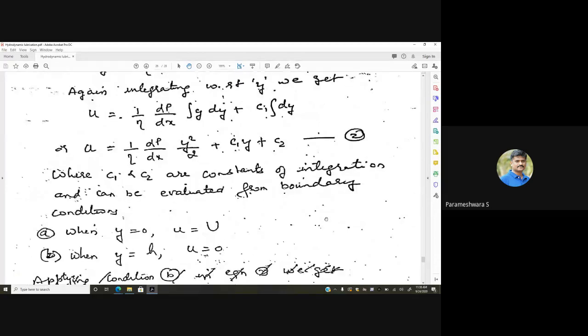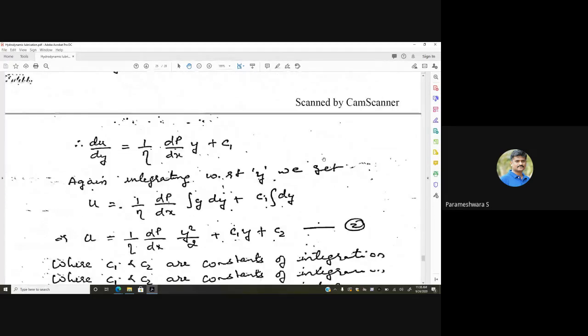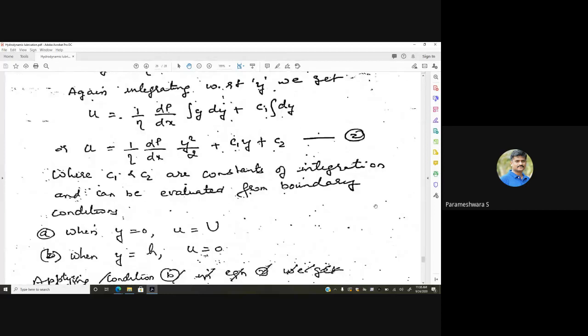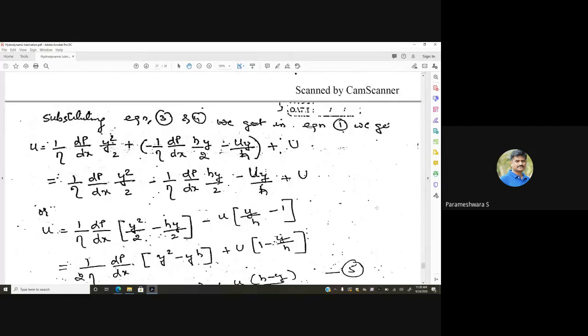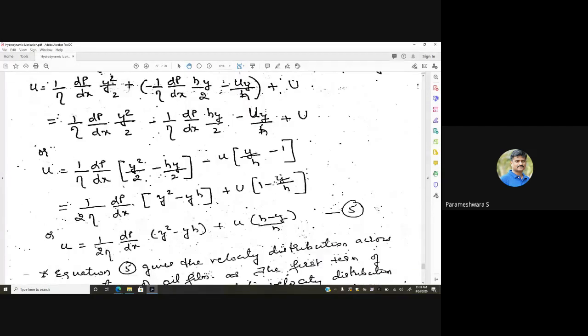So this is equation 1, this is equation 2. Okay, so what we get is, you look for the simplification. It's purely mathematics, applying the concepts of integration and differentiation.